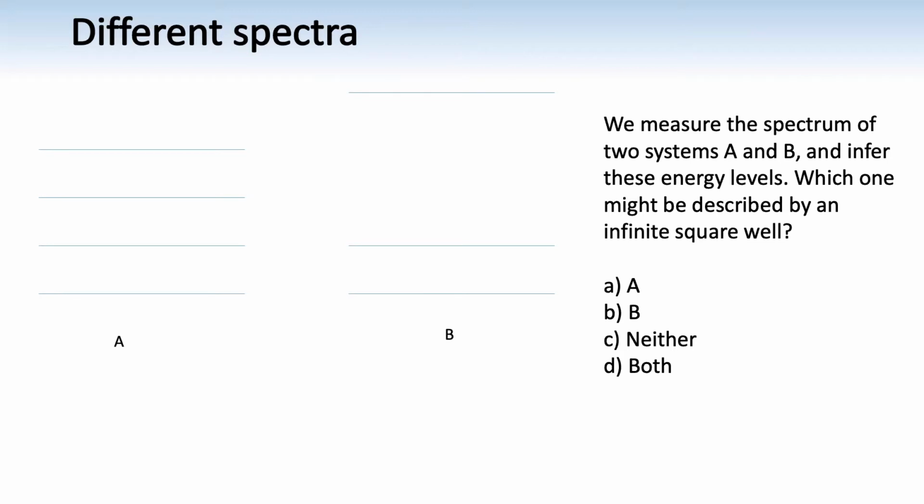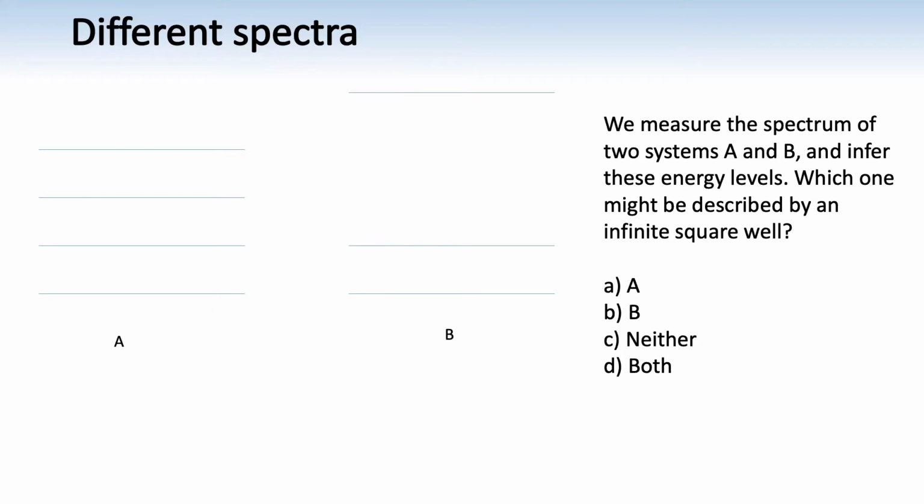Okay, as I said, different spectra correspond to different potentials, all right? Over here, which one might be described by an infinite square well? If you remember from our discussion of infinite square well, we saw that the energy would go as n squared times the ground state energy.